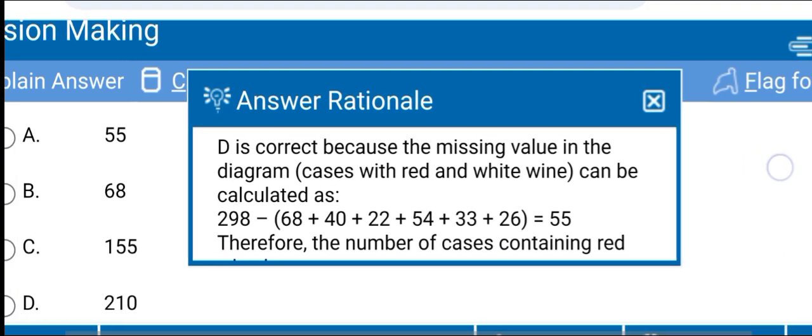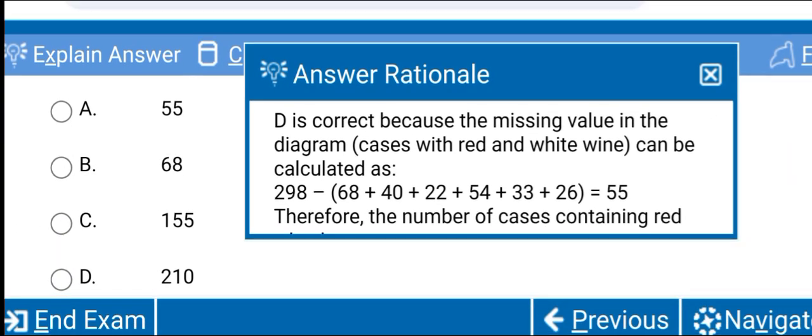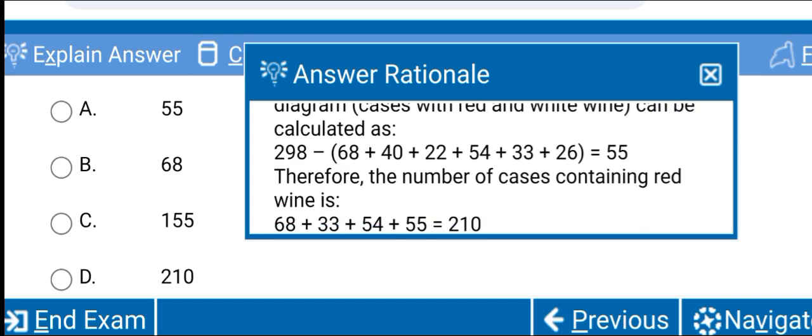It is correct because the missing value in the diagram, cases with red and white wine, can be calculated as 298 minus 68 plus 48. We will add these values first, and then with the answer we will subtract it from 298, and then we will get 55.